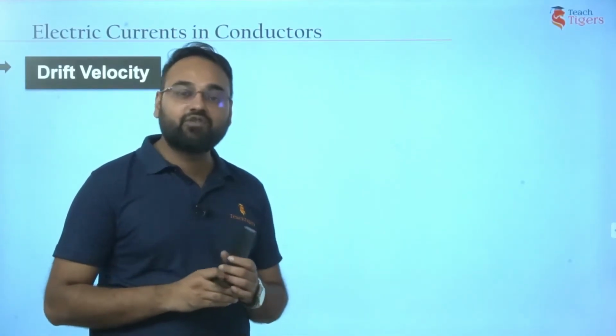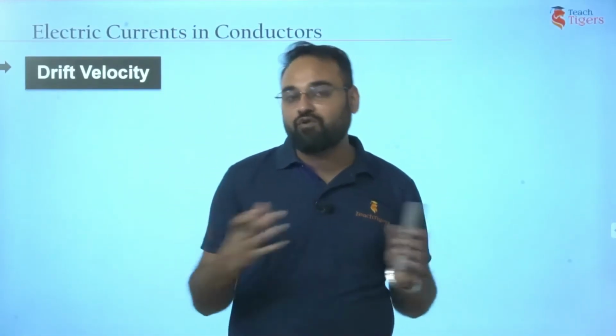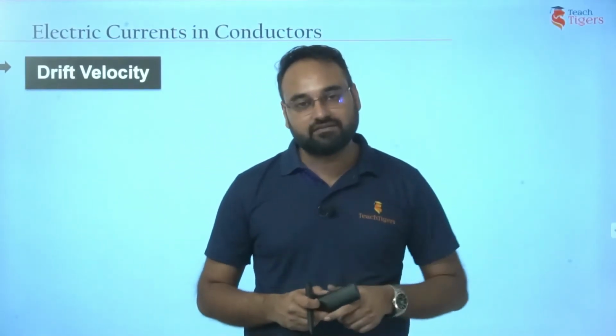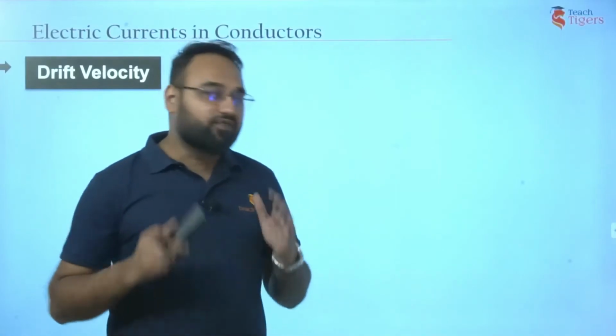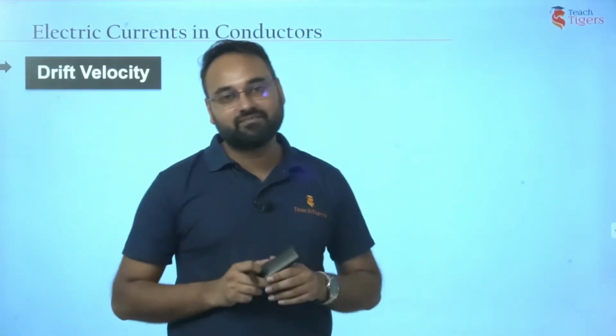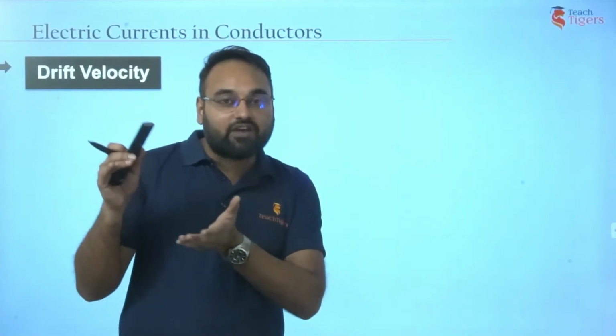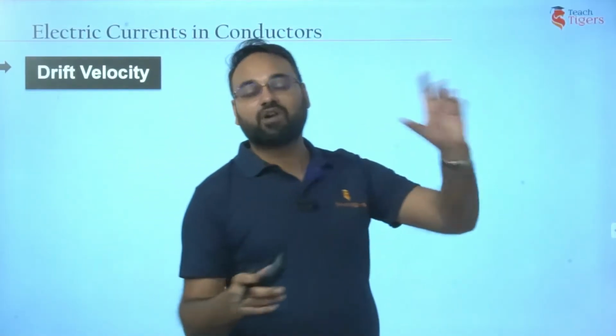I have to apply an external force which orients these electrons in a particular direction. We can do it by applying a potential. By applying a potential across a conductor, we can orient all these electrons to flow in one direction.